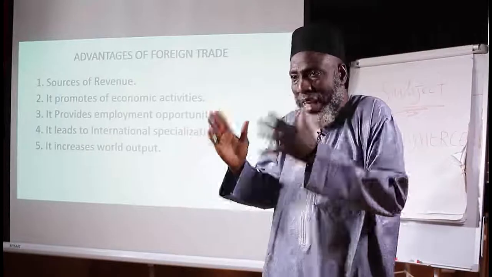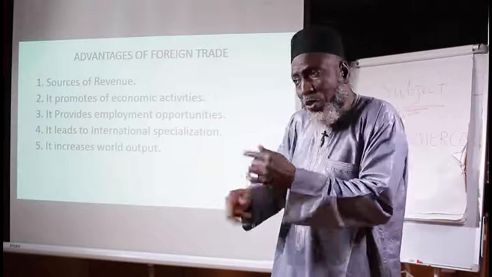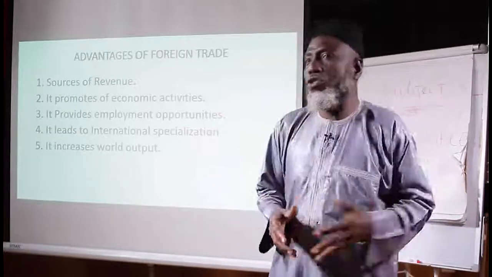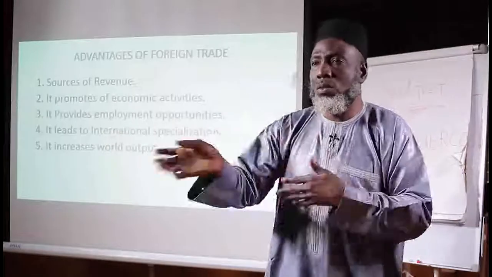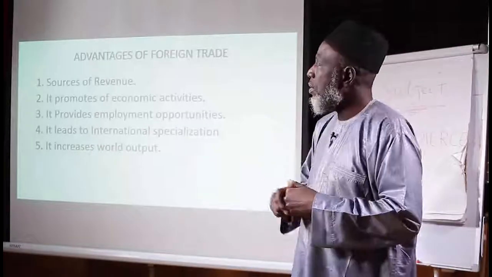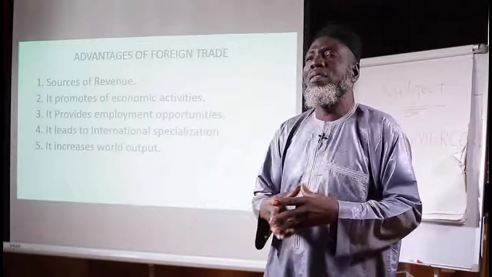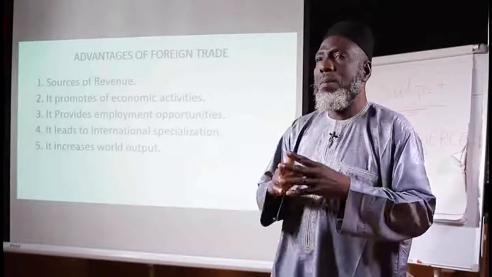Countries specialize in the goods or services in which they have comparative cost advantage over other countries. And by so doing, they begin to sell to those countries. By the time we go further, talking about international trade, we will talk about the principle of comparative cost advantage, and this will be better explained there.